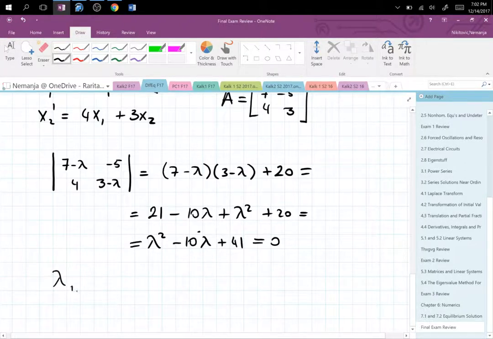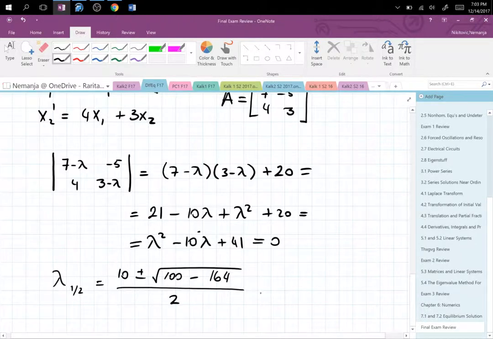So lambda 1, 2 is equal to negative b, so that's 10 plus minus square root of 100 minus 4ac, so is that 164, divided by 2, which gives me 10 plus minus square root of negative 64, yay, complex, is equal to 10 plus minus 8i over 2.